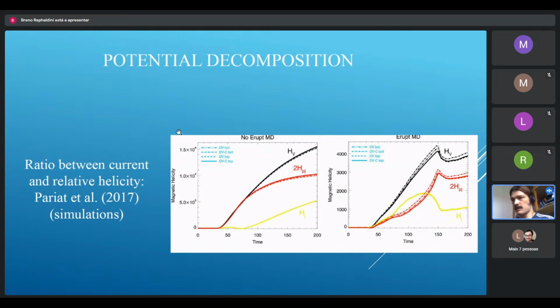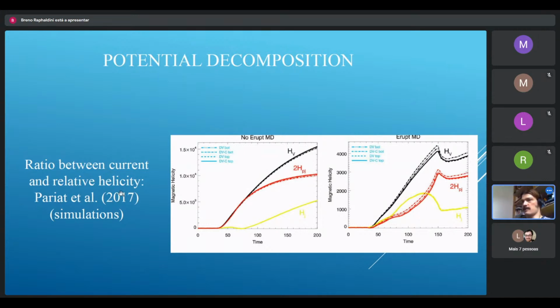And there are some works based on simulations indicating that flux emergence occurs when the helicity is dominated by the current carrying part of the helicity.